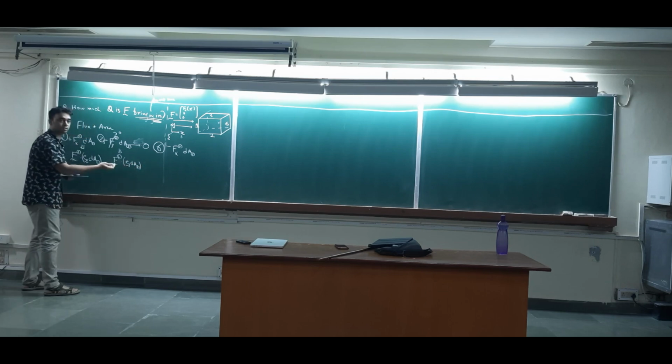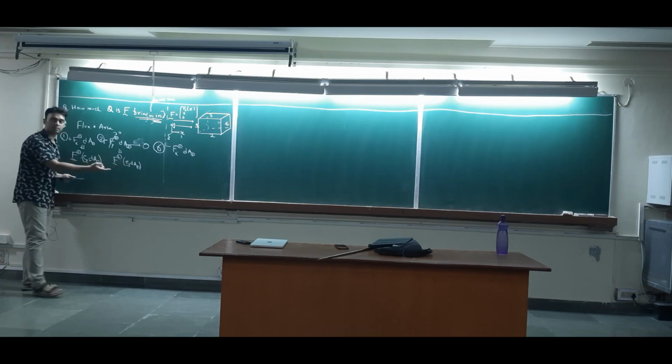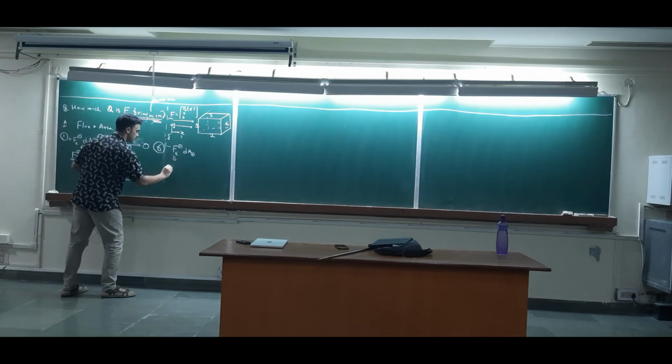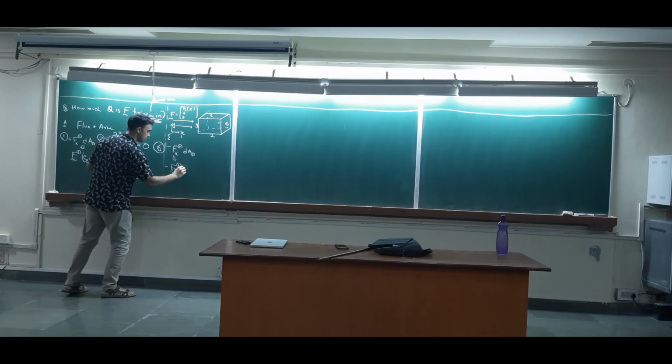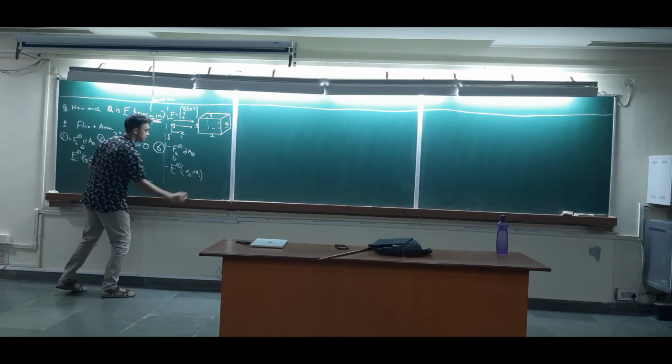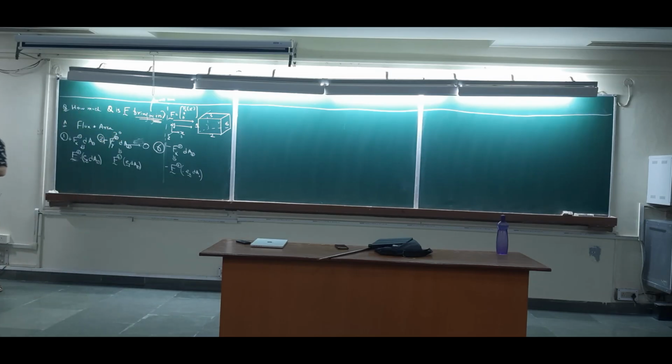Of course, this is 0 because F has only x component, dotted with y will be 0. And for 6, we can write minus F at 6 ex dA6. And when I write this, what am I doing physically?